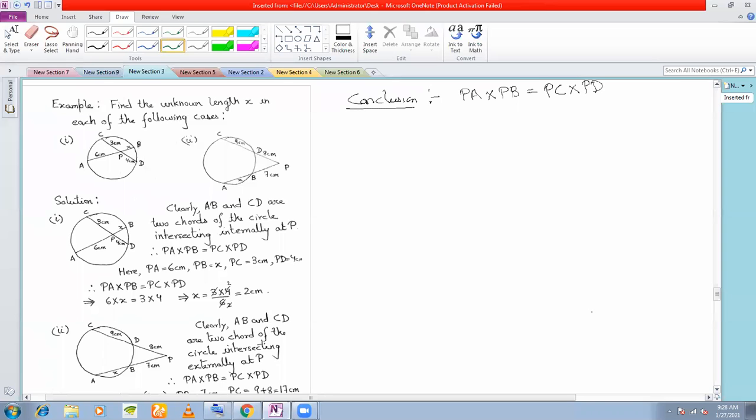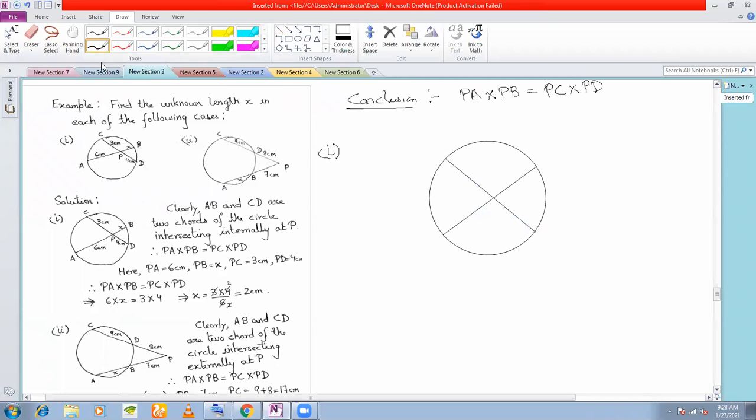The question has two parts. In the first part, the chords are intersecting each other internally, and in the second case, the chords are intersecting each other externally. So first case, first problem. Only the figures and the lengths are given.